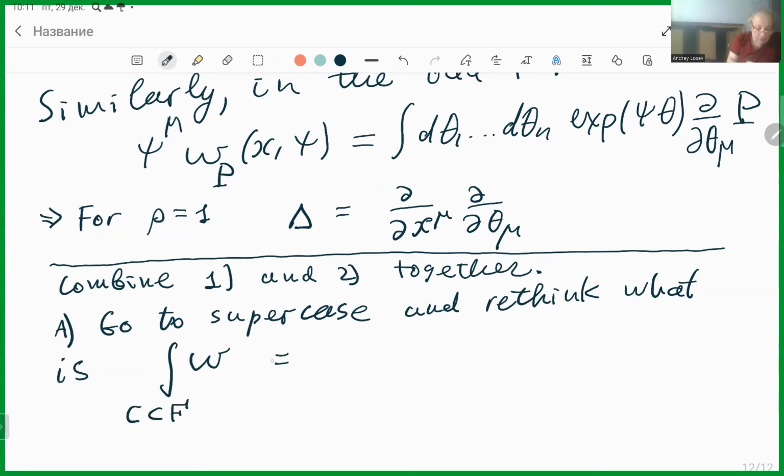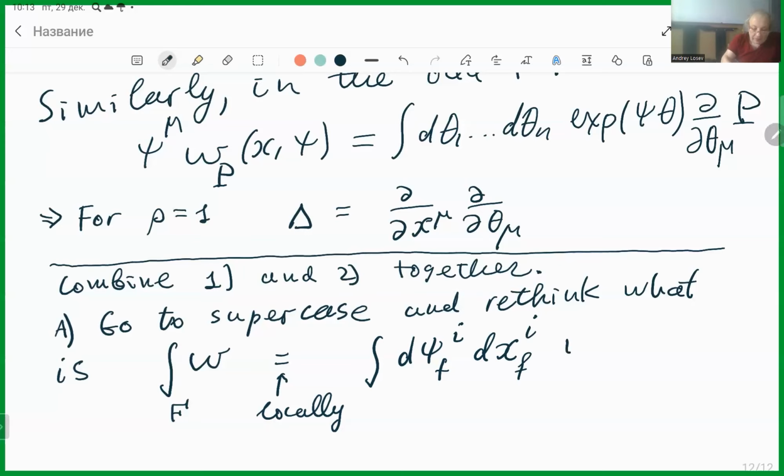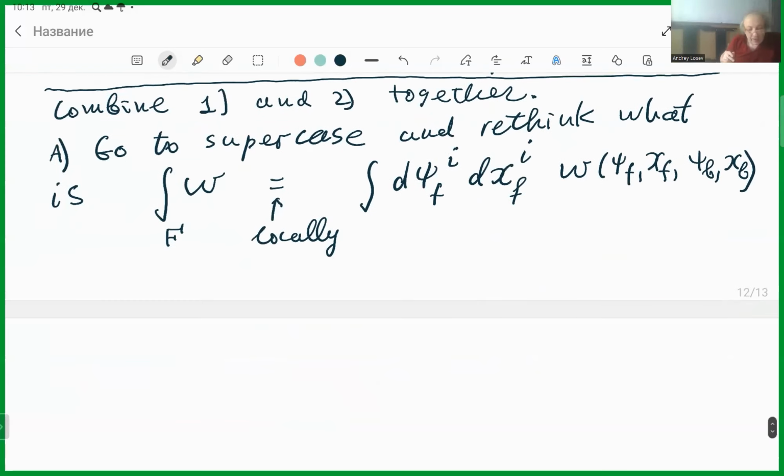We will say that this equals, locally, integral d psi fiber mu, let me put this index I, and let me take here the integral over dx fiber in the fiber I. And here I have functions of psi fiber, x fiber, psi base, x base.